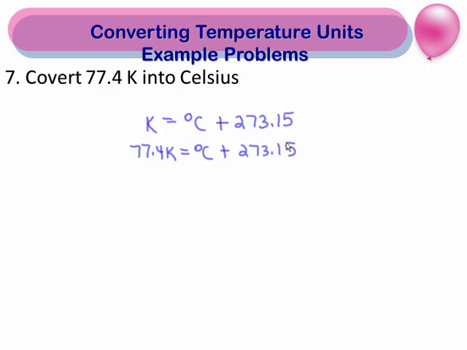If I want to know the Celsius temperature, we're going to subtract 273.15. Again, our given has 1 decimal place. The value we're going to subtract from it has 2. The least number of decimal places is 1, so my answer should have 1 decimal place. So this answer is negative 195.8 degrees Celsius.